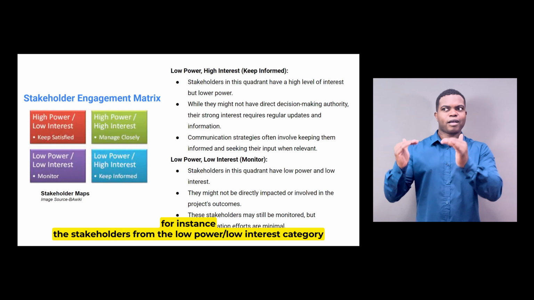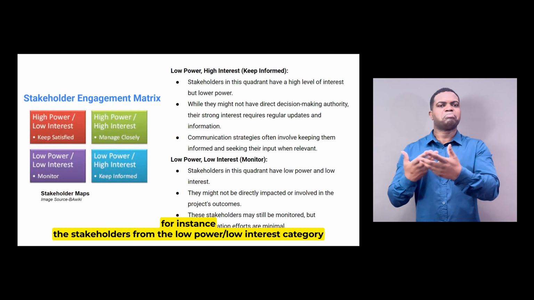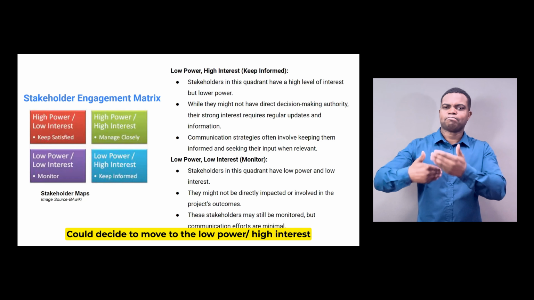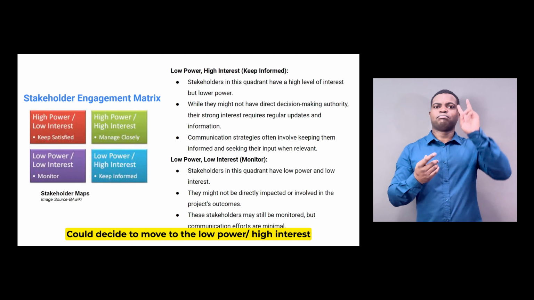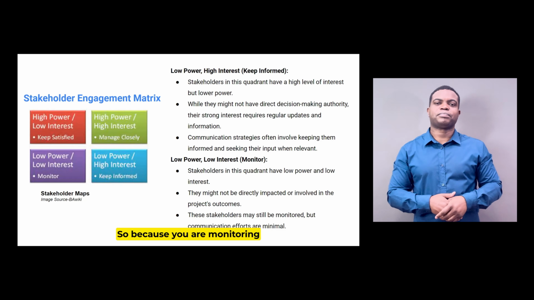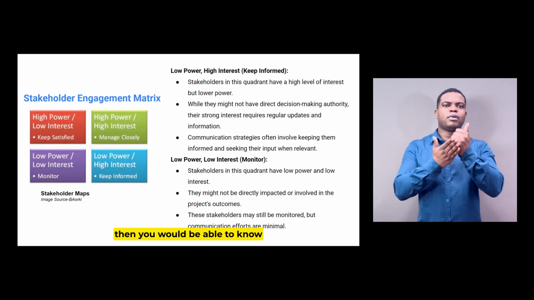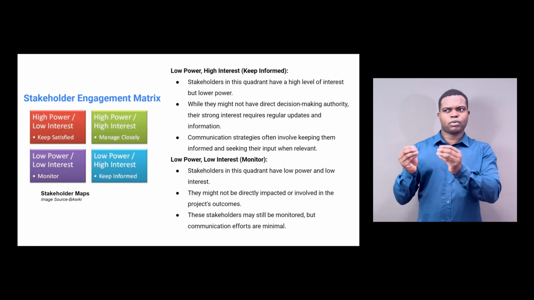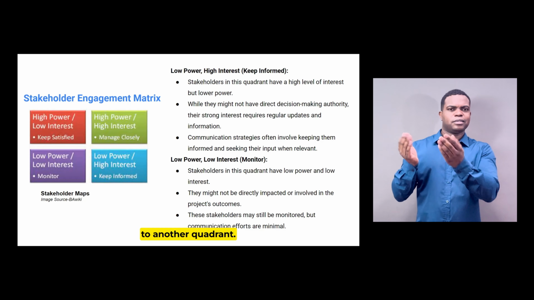For instance, some stakeholders in the low power, low interest category could decide to move to the low power, high interest category. Because you are monitoring them, you would be able to know when they have moved from this quadrant to another quadrant.